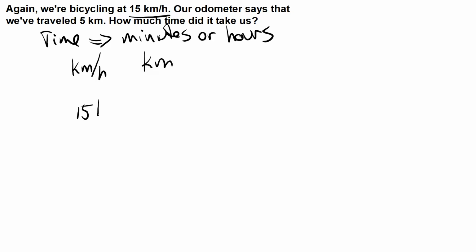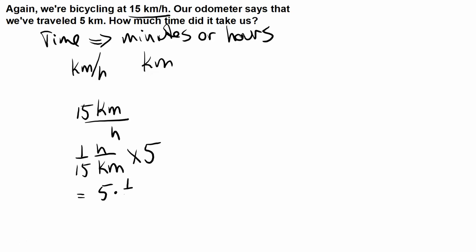If we've got 15 kilometers per hour, we can flip that upside down, and it means we have 1/15 of an hour per kilometer. If we're going to multiply that times 5, we're going to end up with 5 times 1/15, which is the same as saying 5 divided by 15, which I think most people would pick up on to say that is 1/3.